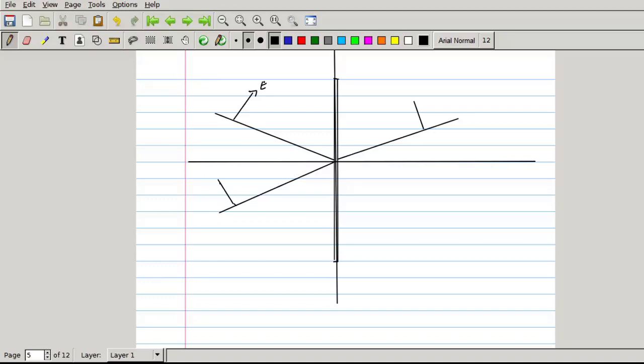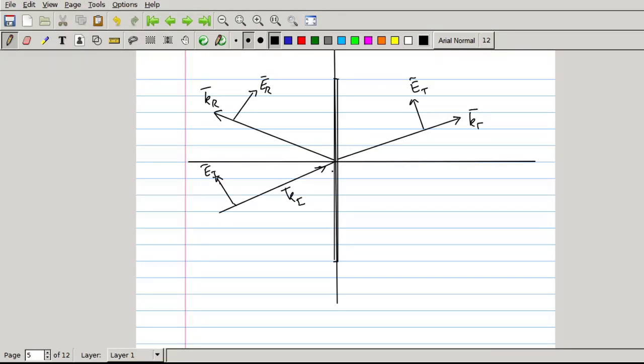This is the electric field vector for the reflected wave, this is for the incident wave, and this is for the transmitted wave. This is the direction of the wave vector of the incident wave, this is of the reflected wave, and this one is of the transmitted wave.